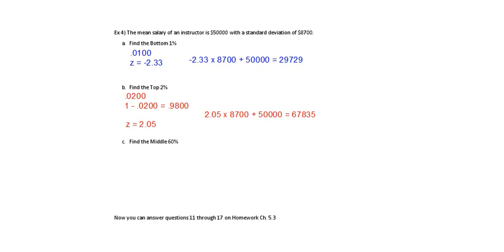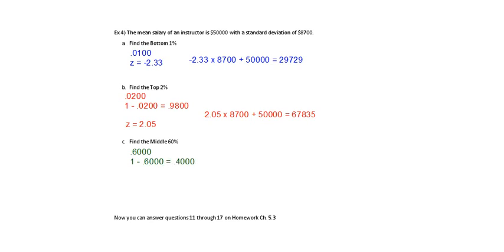All right, excellent. And finally, we're going to do the middle 60%. First of all, 60% is the same as saying 0.6000. But for middle, we have to do two things. We have to subtract from 1 and divide by 2. So 1 minus 0.6000 is 0.4000.